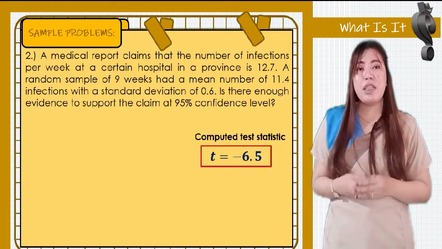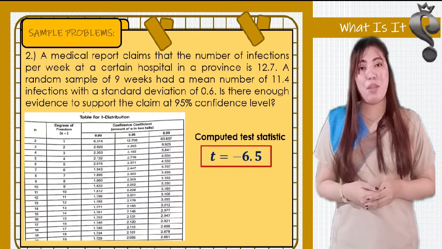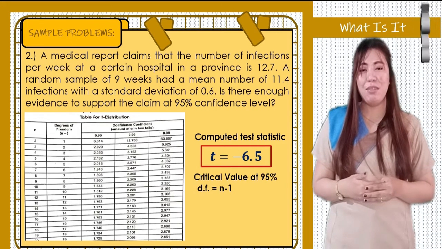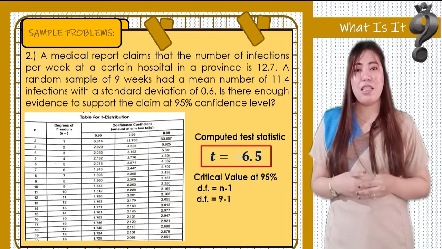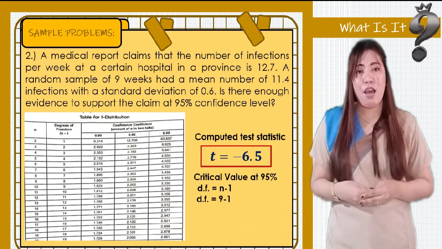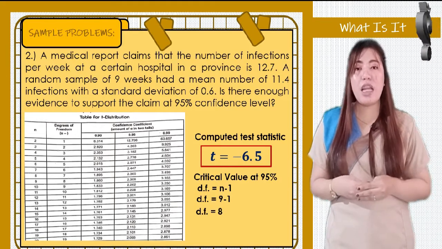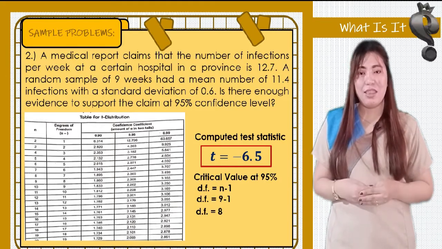The degrees of freedom for one population parameter is n minus 1. Since the sample size is 9, DF is equal to 9 minus 1, or DF is equal to 8.